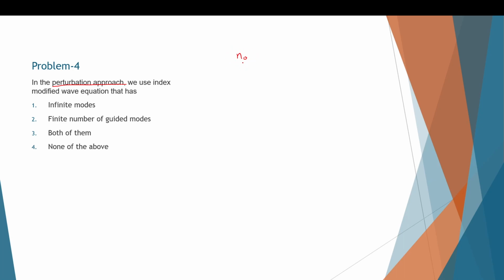I write my equations in terms of this n naught, and then give it a slight perturbation of delta n to match my original solutions. The equations that I write with this modified refractive index are called modified wave equations. So in the perturbation approach, we use index modified wave equations that have infinite modes, finite number of guided modes, both of them or none of the above.